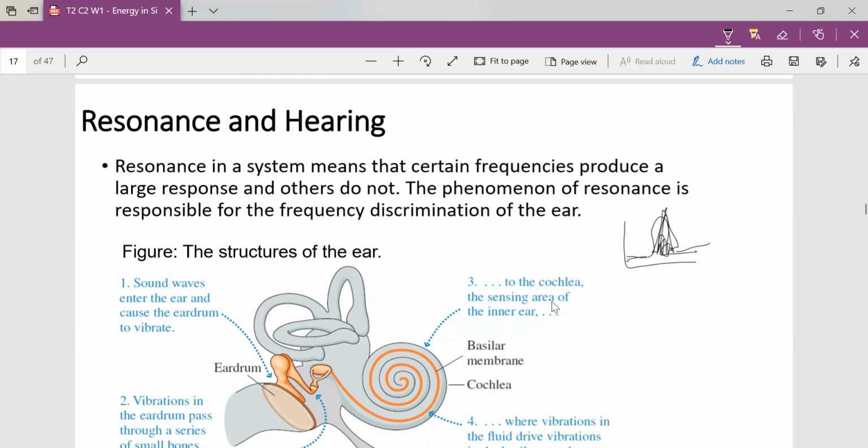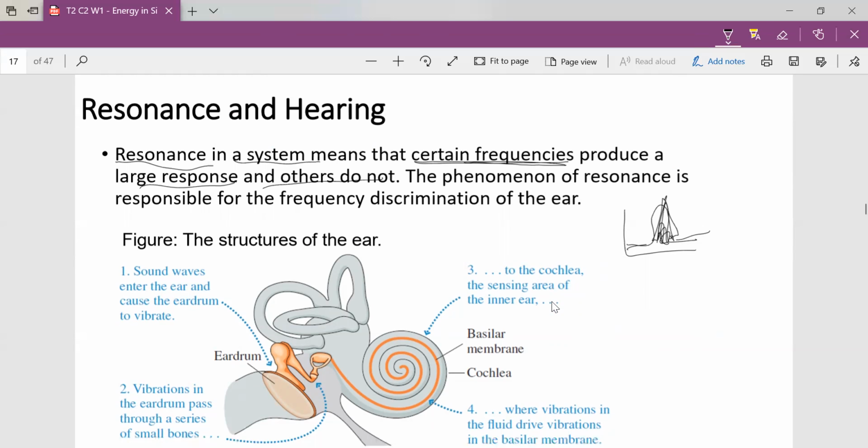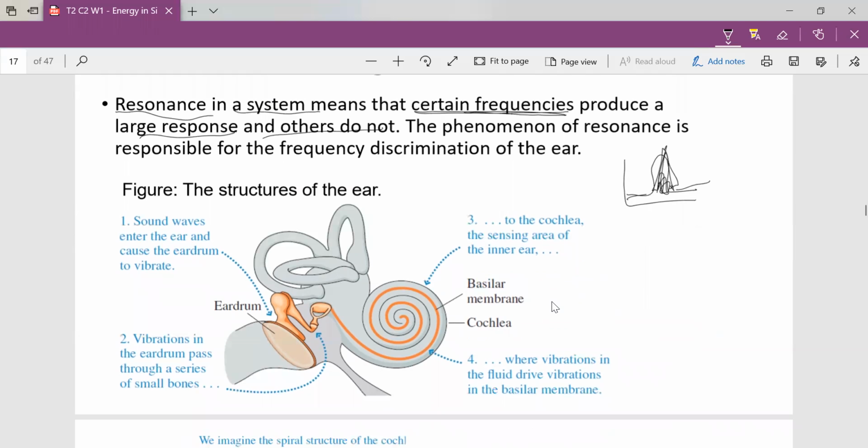So we see that resonance in a system means that certain frequencies, note that word, produce a large response, which is the peak that you see, while others do not. So it is easy to see the peak and not confuse it for another thing. The phenomenon of resonance is responsible for the frequency discrimination of the ear. If you play a very high pitched song, you can hear that the pitch is high, and you reduce your volume.